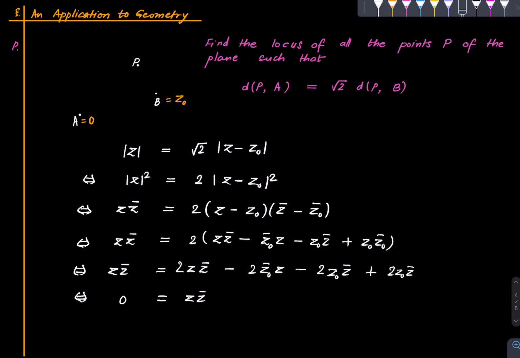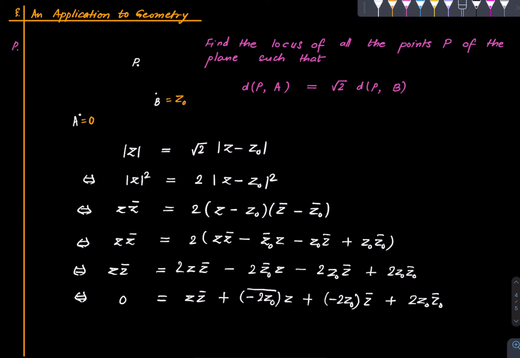Let me write it this way: plus minus 2 z0 bar z plus minus 2 (z0 bar) whole bar z, oh sorry, this is whole bar and this is without a bar. Yeah, I had made a mistake here. This was z0 bar and I had not written it that way.